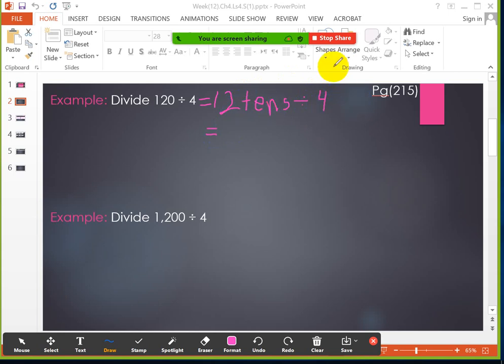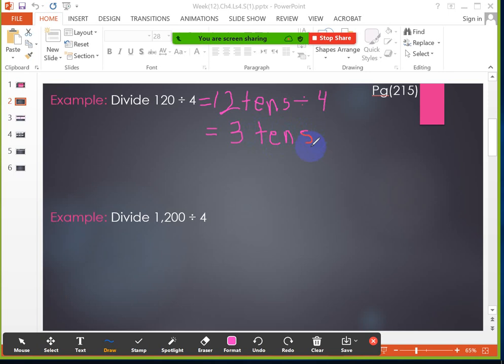The answer will be 12. If you think about the multiplication table, the number is 3. Very good. The number is 3. So that means 12 tens divided by 4, 12 divided by 4, equals 3 what? 3 tens, of course, because I'm dividing a tens number.